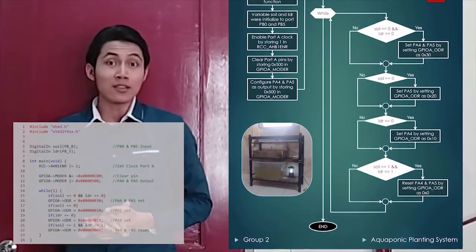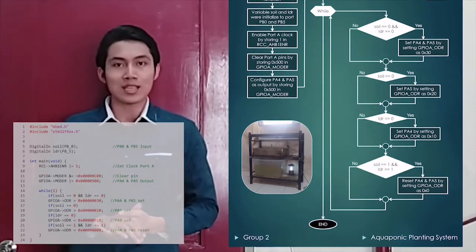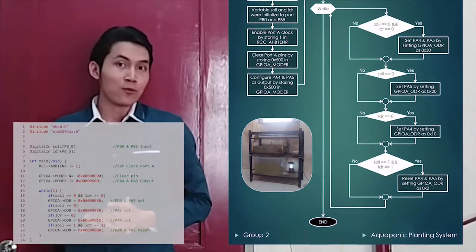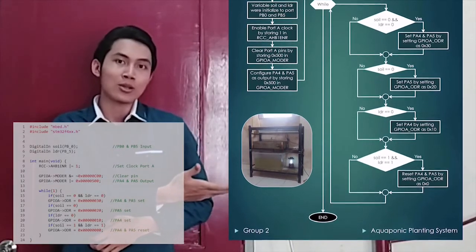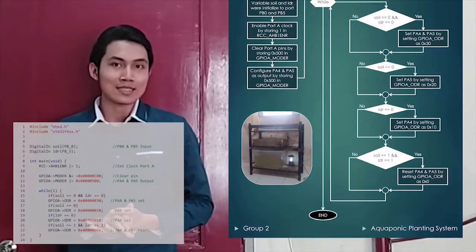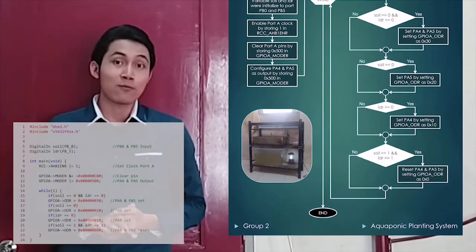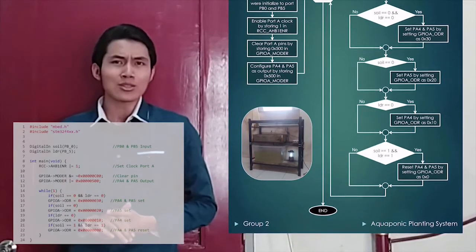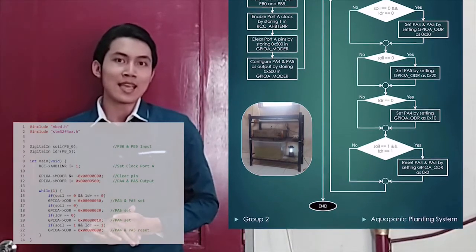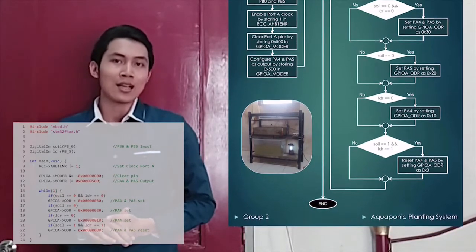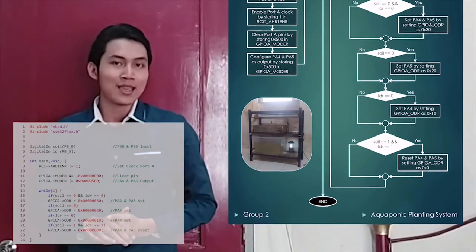Next, if only variable LDR equals 0, then only PA4 will be set by initializing GPIOA ODR equal to 0x10. Lastly, if both variables are equal to 1, then both output ports are reset by storing 0x0 into GPIOA ODR.